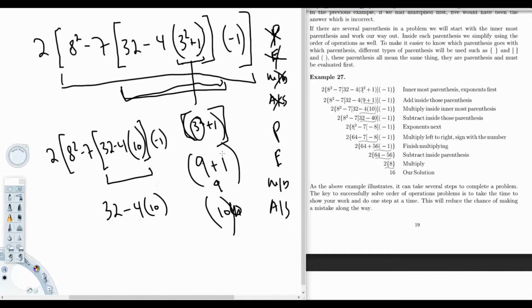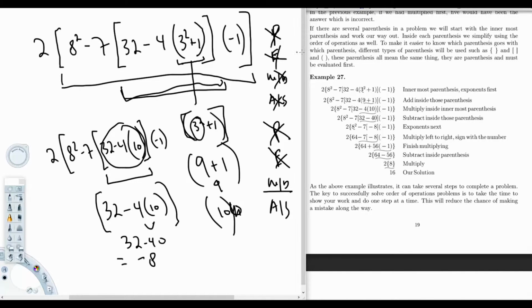Now if we look here, are there parentheses in this expression? Nope. Are there exponents? Nope. Is there multiplication or division? Yes, here. So it becomes 32 minus 40 equals minus 8. So this whole thing here is minus 8.